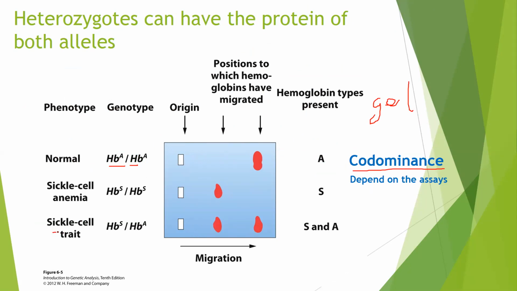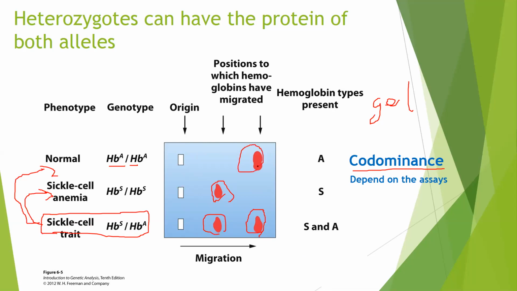Because when we look at the heterozygous individual, we're going to see both alleles are expressed. The heterozygous will show different phenotypes than homozygous 1 and homozygous 2. Homozygous 1 and homozygous 2 have two different phenotypes, but if you look at the heterozygous, you're going to see a third type of phenotype. You're going to show both.